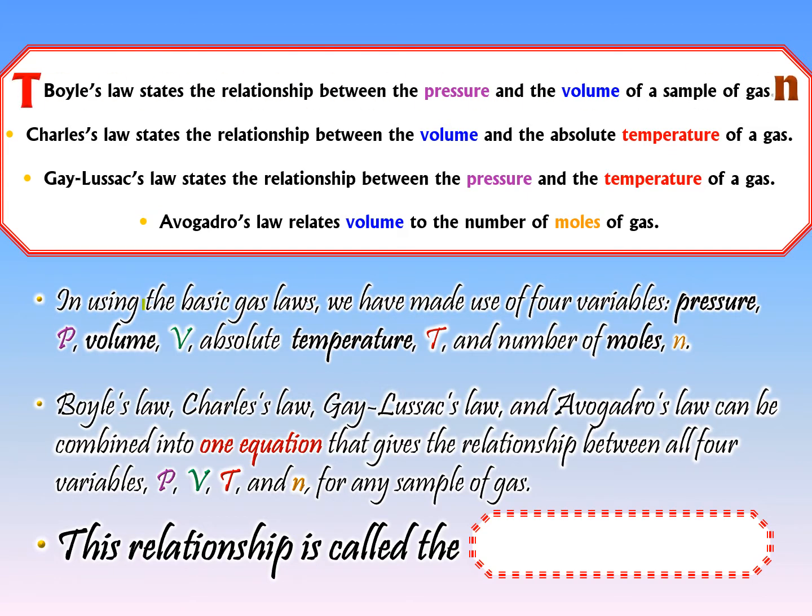That means temperature and moles cannot change in the course of using Boyle's law. Between time 1 and time 2, they can't change. It doesn't matter exactly what they are, they just have to remain constant.